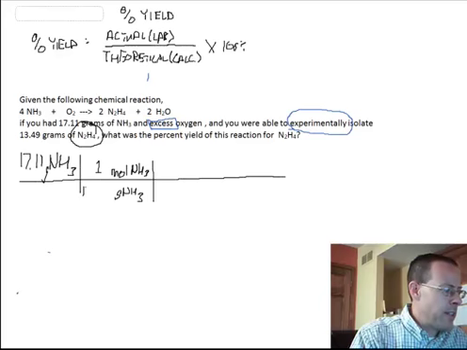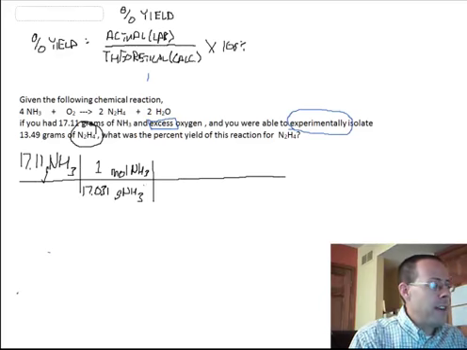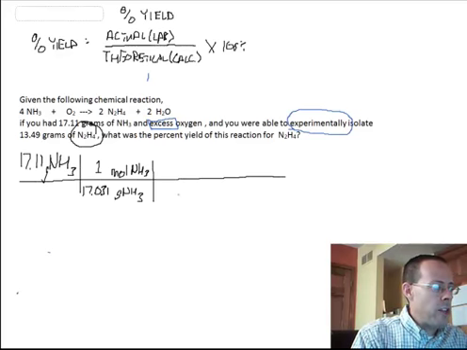So if we add this up, we get 17.031 grams. Then our next fence post is going to be our mole ratio. We're going to go from moles of NH3, or ammonia, to moles of N2H4, or dinitrogen tetrahydride. And this ratio is a 4:2 ratio.